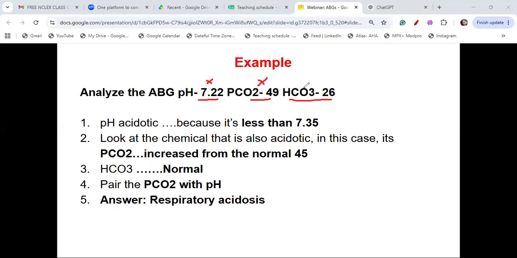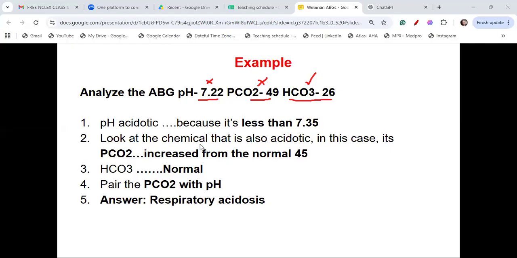What about our bicarbonates? Is it in the normal range? Our bicarbonates are within the normal range. So those are the first three steps that you've already done.